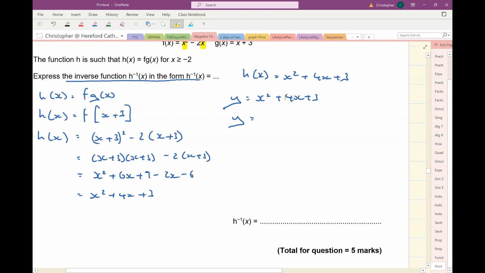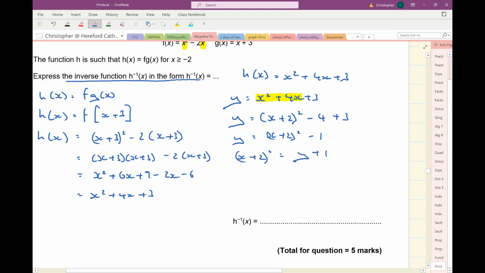Now x squared plus 4x, well, that's going to need x plus 2 squared to give me the x squared plus the 4x. Then I'll need to subtract the 4, copy down the plus 3. So that is x plus 2 squared minus 1.